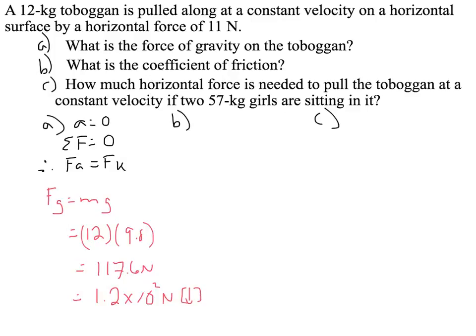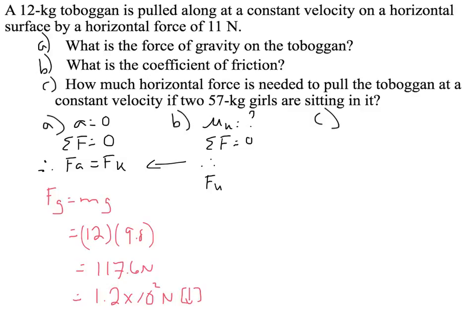B says, what is the coefficient of friction? Okay. Well, we know our equation. Mu k is what we are looking for. We know our sum of forces is going to equal 0. Therefore, as I stated over here, FA is going to equal FK.